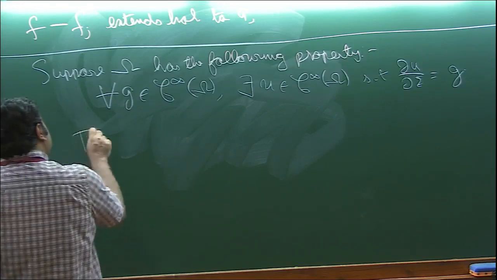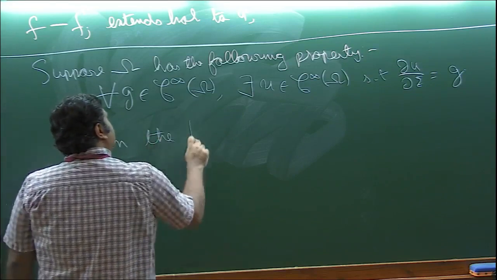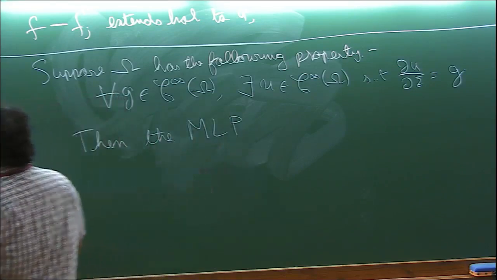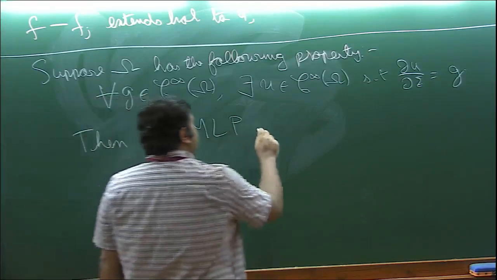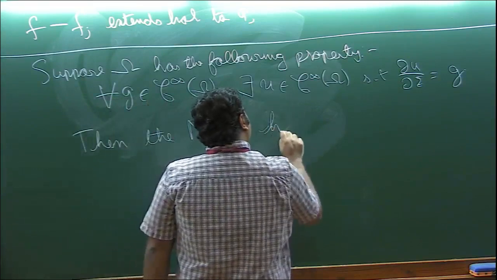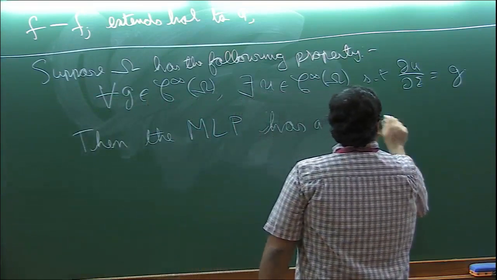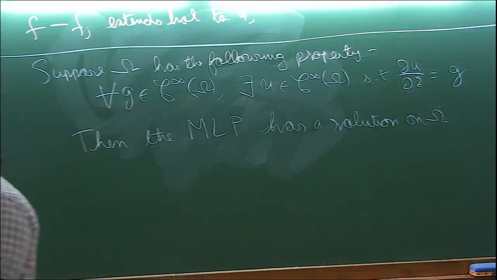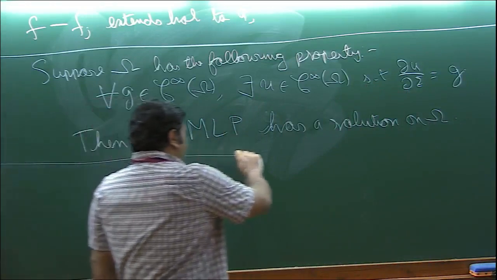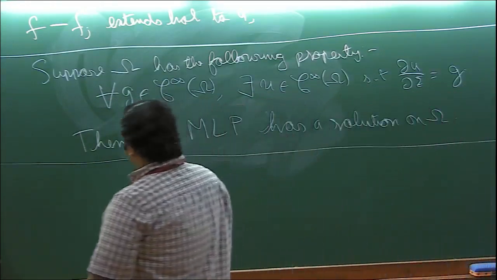Then the Mittag-Leffler problem has a solution on omega. I think I should be more precise here. Every Mittag-Leffler problem has a solution. And that is easy to see. And that leads us to how one uses the d-bar problem to construct this object.